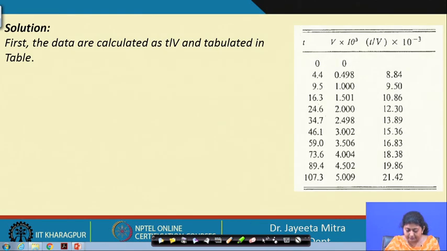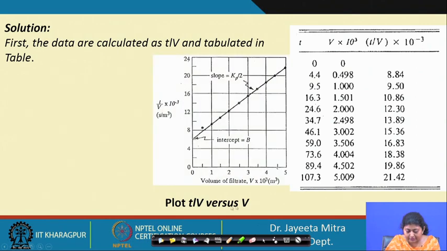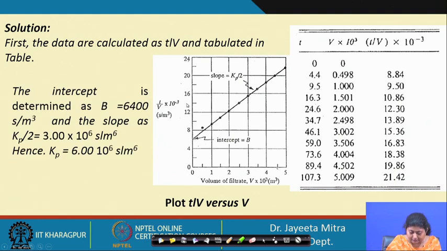Next, we need to plot this t by V versus V. So, on our x axis the volume of the filtrate V, and on the y axis we have plotted t by V into 10 to the power minus 3. So, this is that. Now, we are getting a straight line.